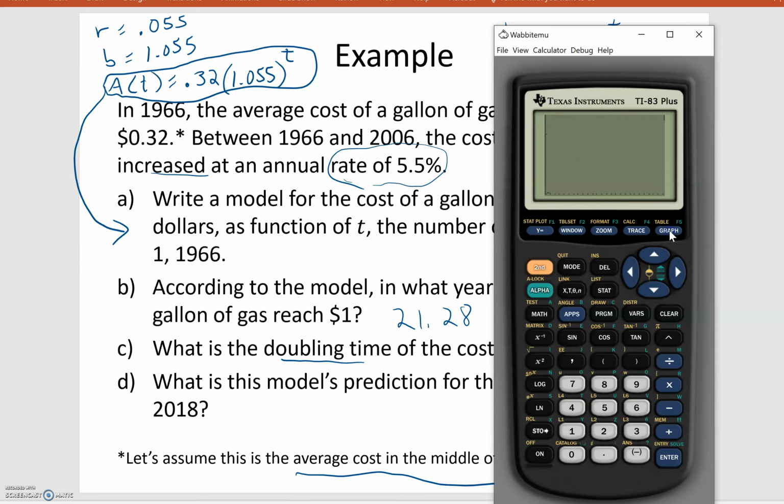So let's just go ahead and graph. And we'll do calc intersect again as soon as we get our picture. So there's our doubling time, 12.95 years.